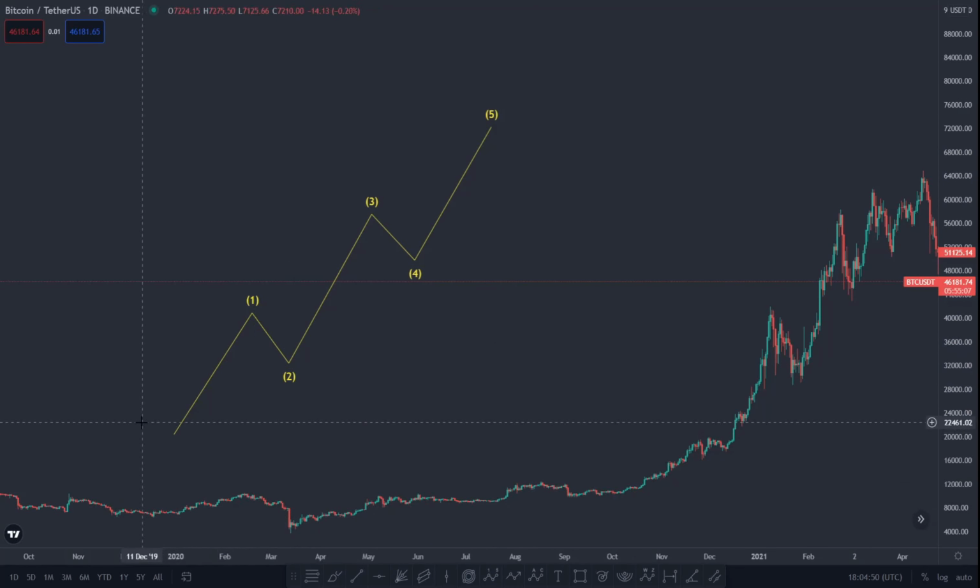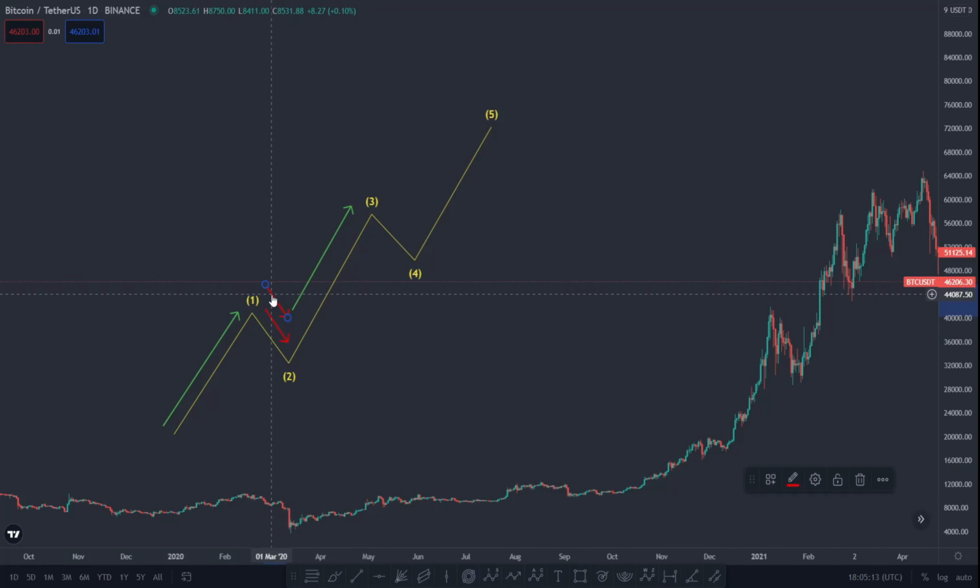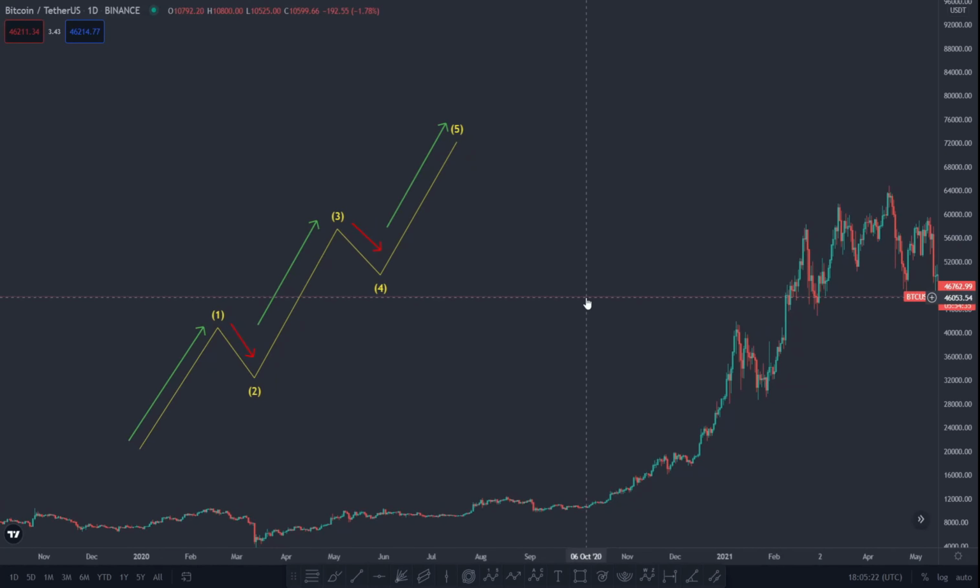So wave one is an impulsive wave. Then you have wave two, which is a corrective wave, and so on. The third wave is the second impulsive wave, and then you have the fourth wave, which is the second corrective wave, and after that you will have your third impulsive wave.